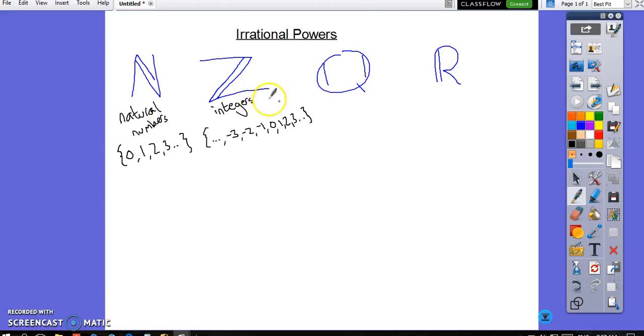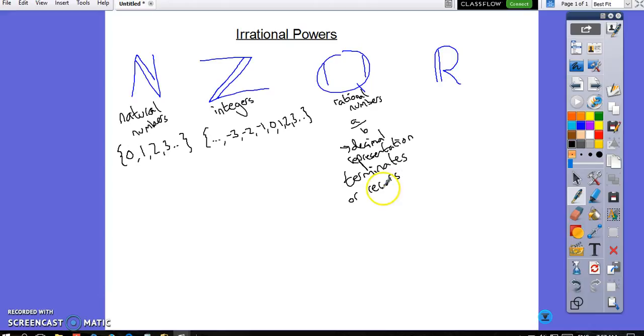Then we have q, which are rational numbers. And these are all numbers that can be expressed as a fraction. So the decimal representation terminates or recurs.